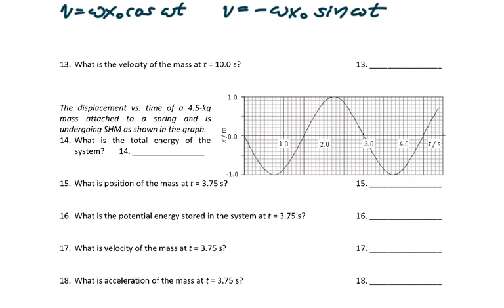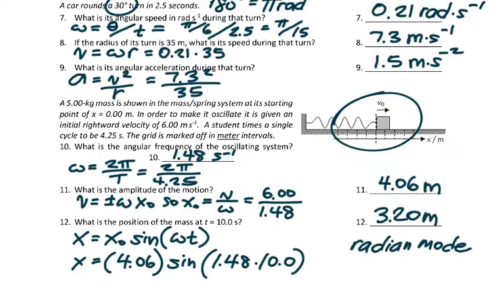Okay, so for 13, we need the velocity as a function of time. We have two expressions for velocity, just as we have two expressions for position or displacement. We have a cosine expression and a sine expression. Now, considering the initial conditions, at time 0 we do have a v naught.